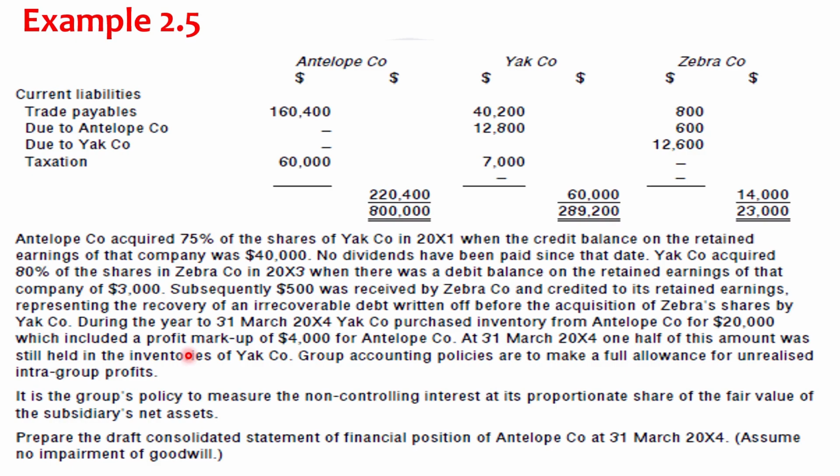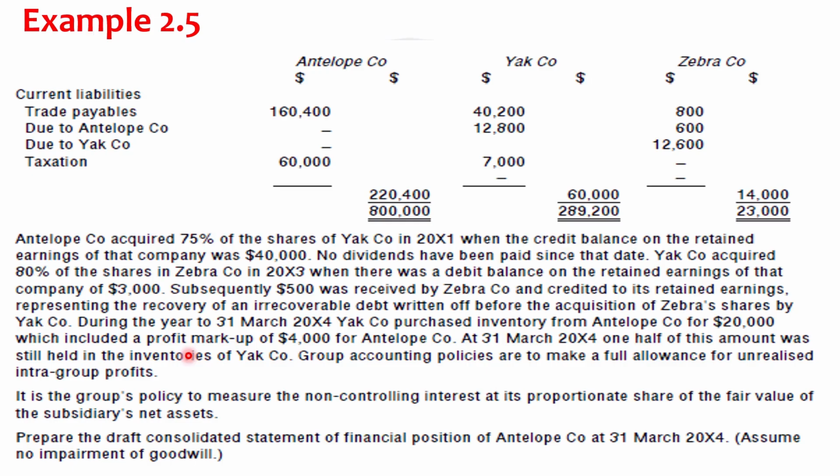In your working, the retained earnings as at the acquisition date for Zebra will be in brackets, because it is on the equity side of the accounting equation. Equity items should have credit balances, but if the retained earnings has a debit balance, indicating a retained loss, you have to show it in brackets. That's the only new issue, and it doesn't mean that it is difficult.